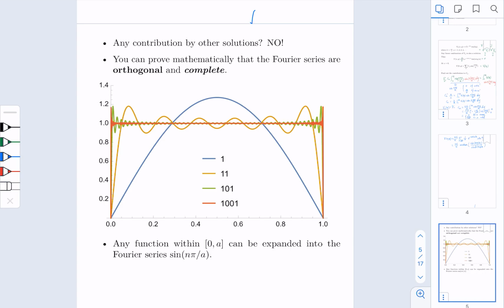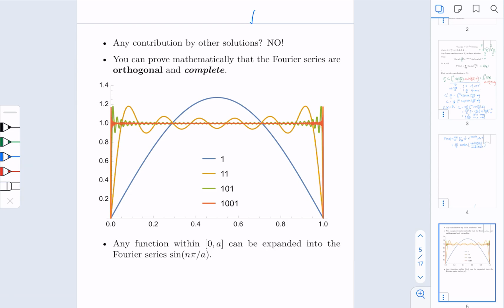Now you can see as I add 5 more bases, because only the odd functions are considered here, that is the orange line. The orange line, even though it's still not a constant, is starting to approach the constant.